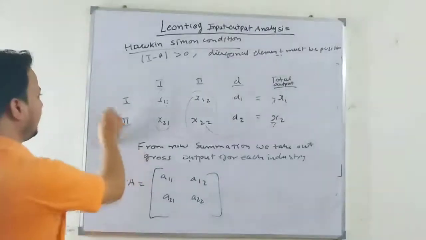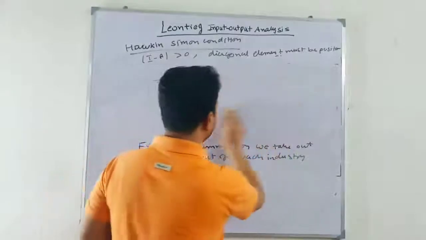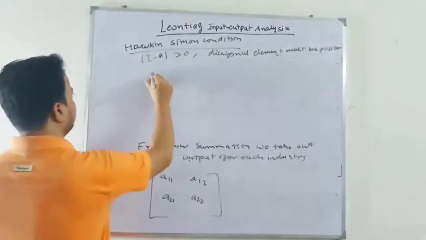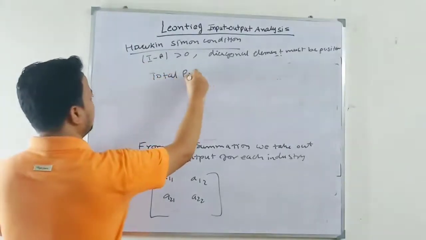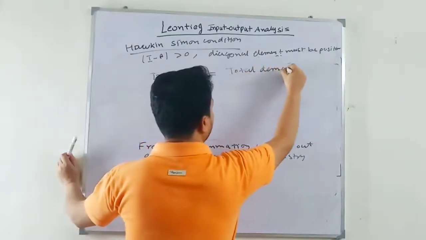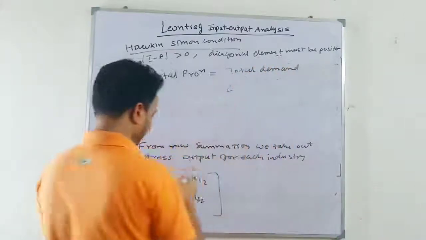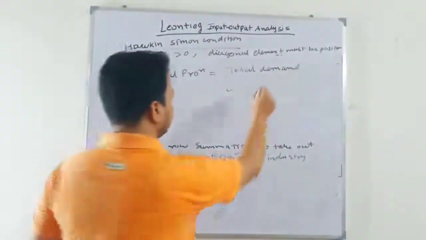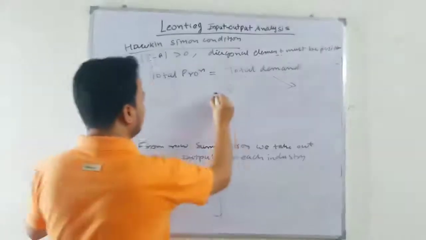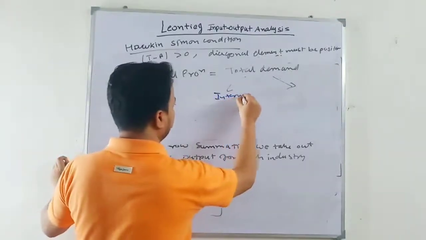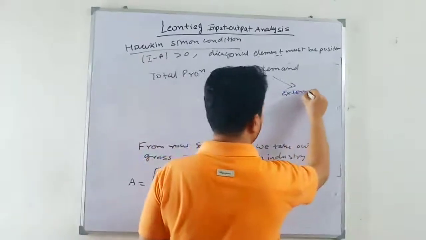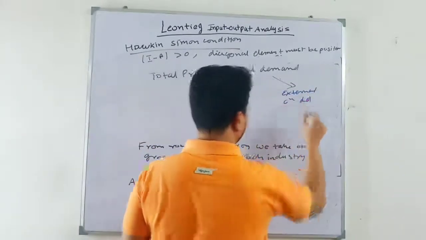So I have given you the logic of how to represent this. Total production equals total demand. The total demand is divided into two parts: your internal consumption demand and your external consumption demand.